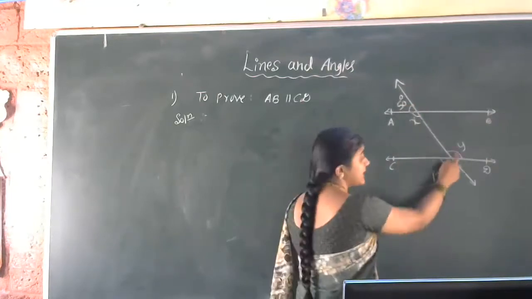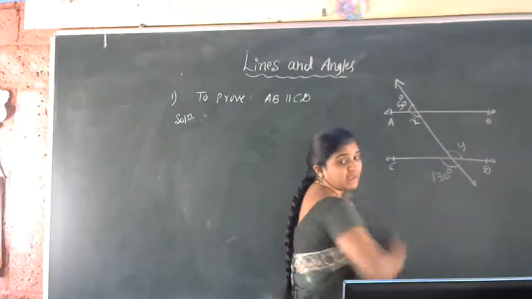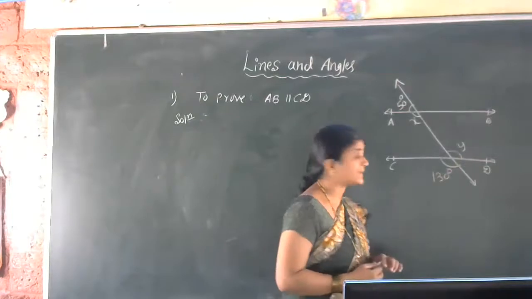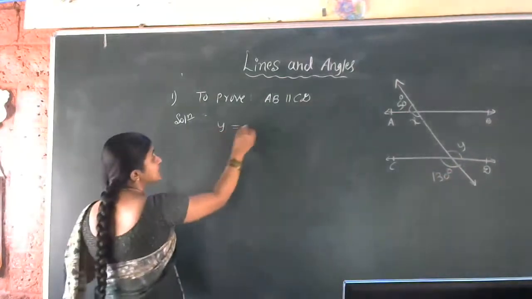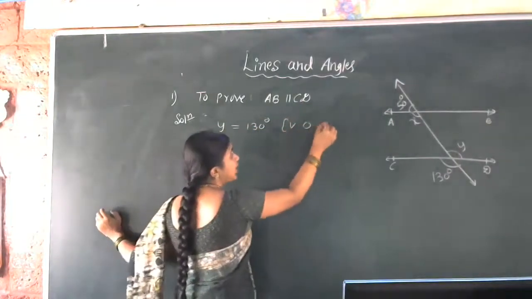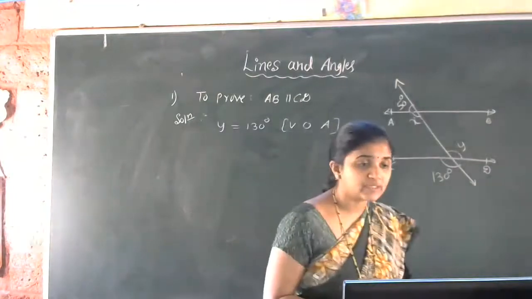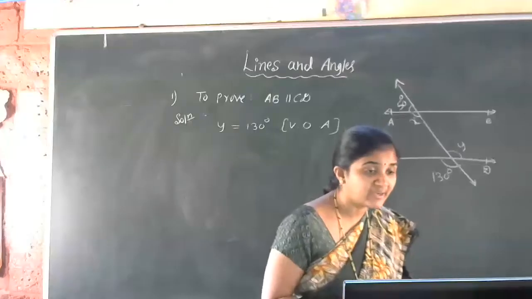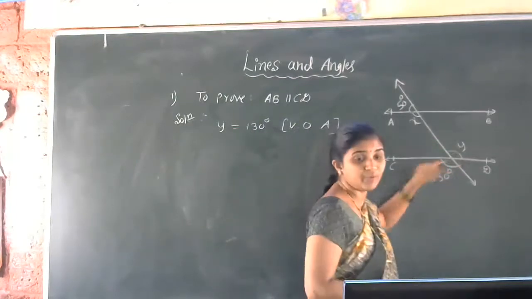Here it is very clear that y is equal to 130 degrees because of vertically opposite angles.